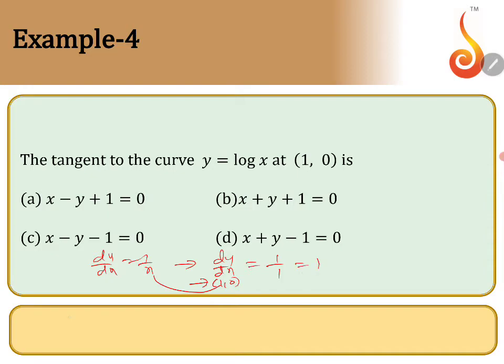But here he is asking for the equation of the tangent. You know very well the equation of the tangent is y minus y1 equals dy by dx into x minus x1. So y minus 0 equals 1 into x minus 1. Therefore I get x minus y minus 1 equals 0. That's the answer, option C.